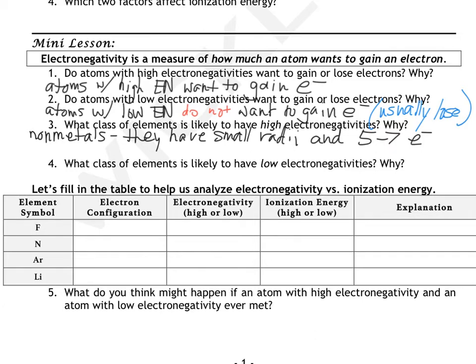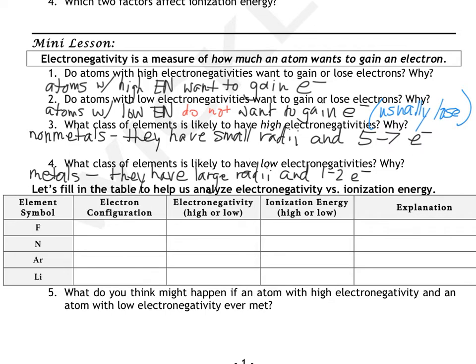So I'm talking about metals. I think I forgot to say it again. So again, having that large radius means it's hard for a nucleus to reach out and grab an electron. And having just 1 or 2 electrons in your valence shell means it's much easier for you to lose those 1 or 2 than it is for you to gain 6 or 7.